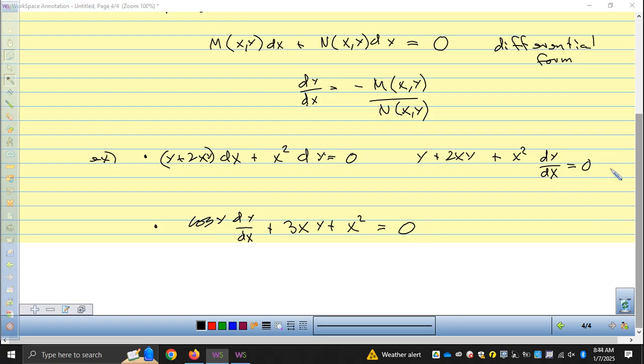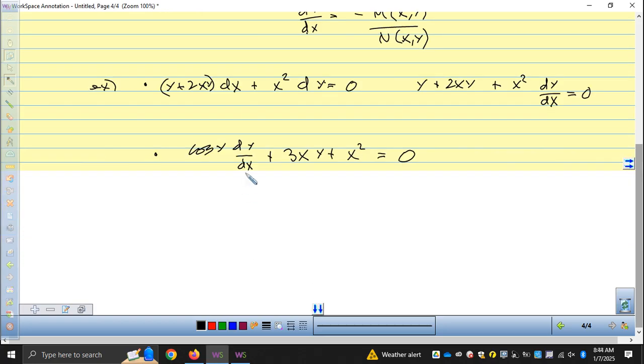I'm just going to multiply everything by dx. We'd get cosine y dy plus 3xy plus x squared dx equals 0. These two ways of writing this equation are equivalent. But these are both first order ordinary differential equations.